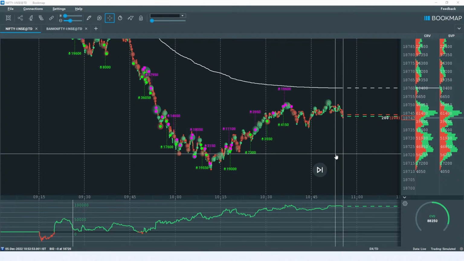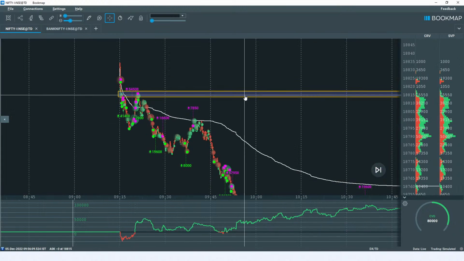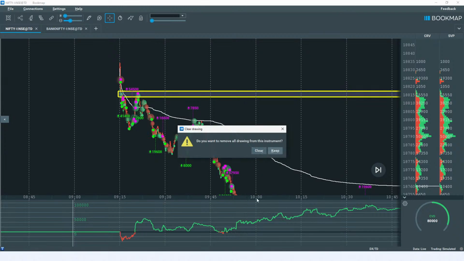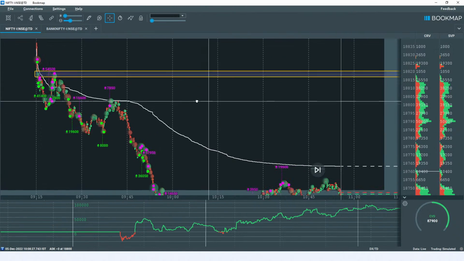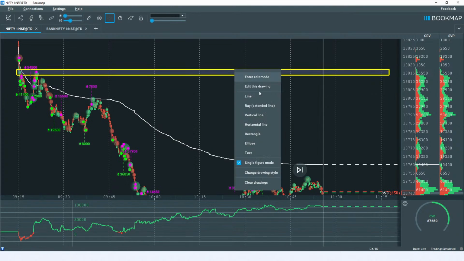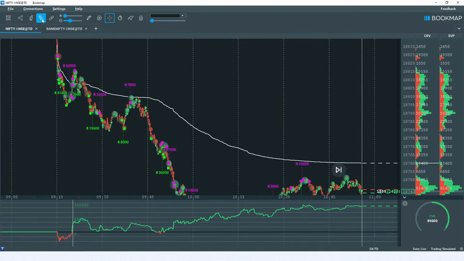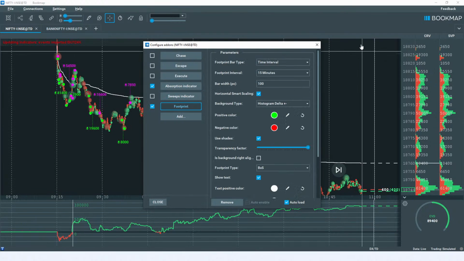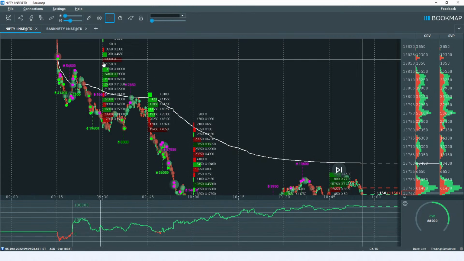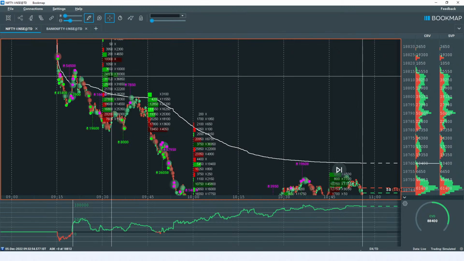Sparsh Kumar is asking, but where to draw? Let me clear this and show you. If I enable the footprint charts over here, I'm just looking at the first 15-minute information, the zone of this volume.